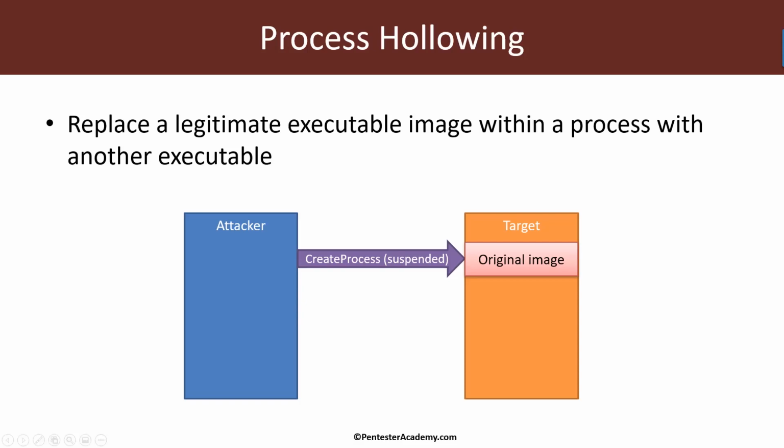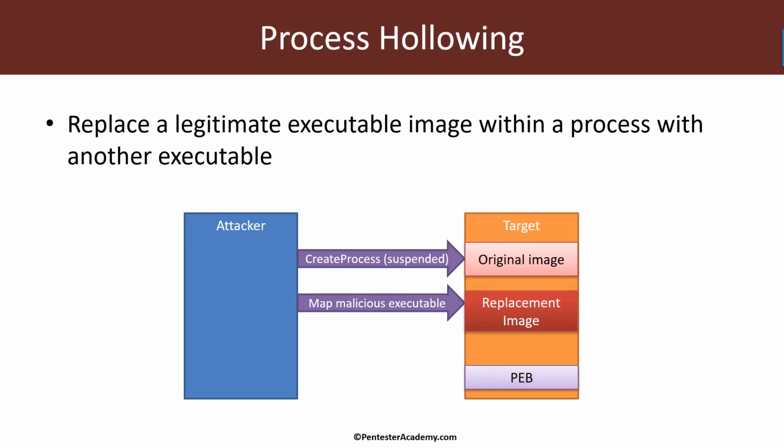And so what we need to do here after calling CreateProcess is provide our own malicious executable and map it in some way into the target process. Once we do that, we need to do some fix-ups, such as point to the new image from the process environment block, which is a user mode structure that is important to keep in sync with what's going on inside the process.